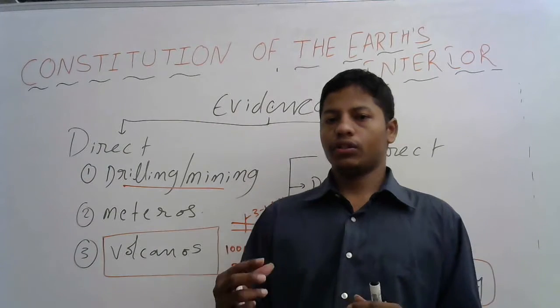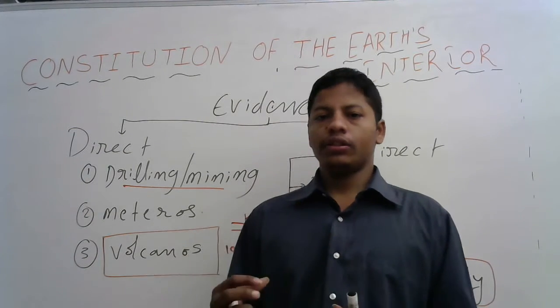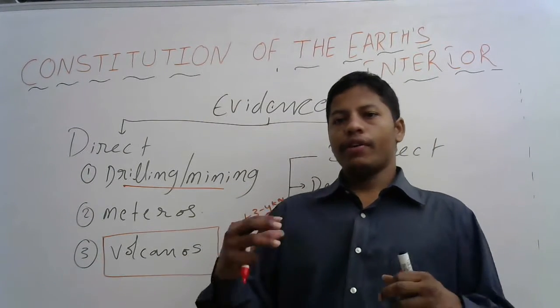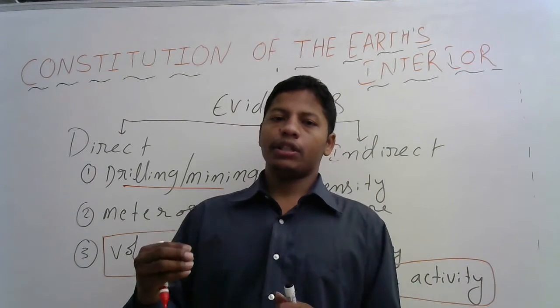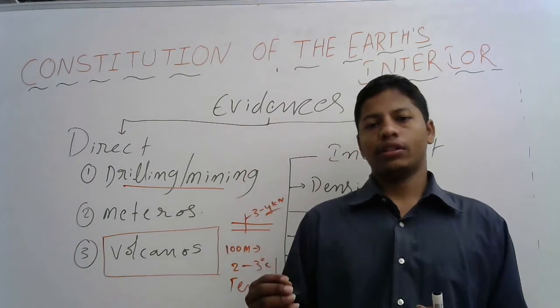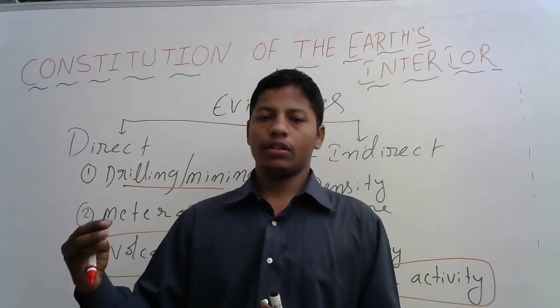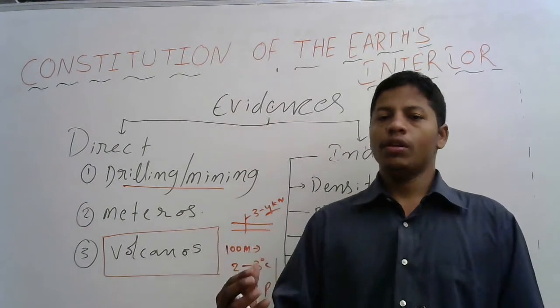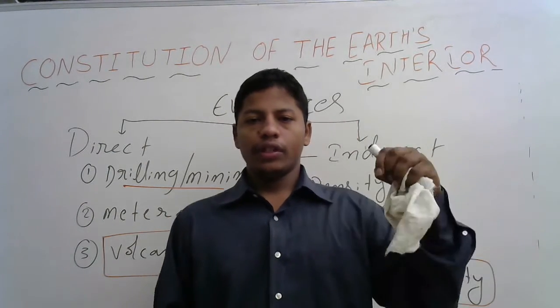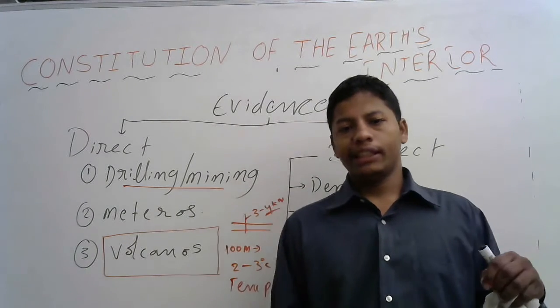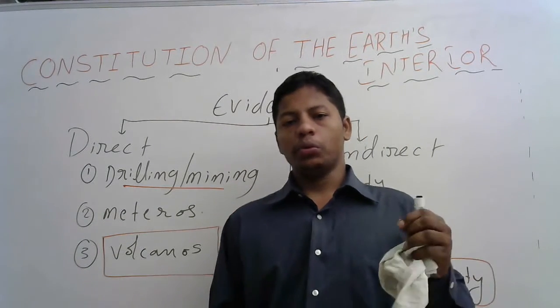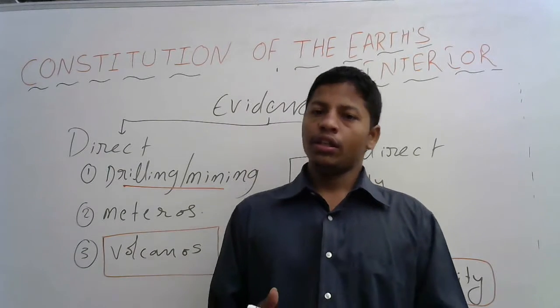Some areas increase high, some areas low. But going from the surface to the interior, every 100 meters, 2 to 3 degrees Celsius increases.